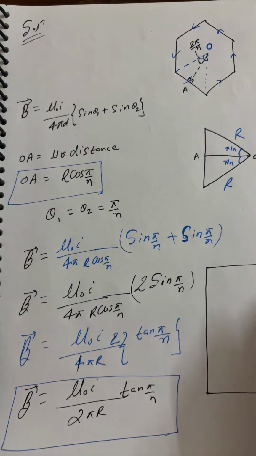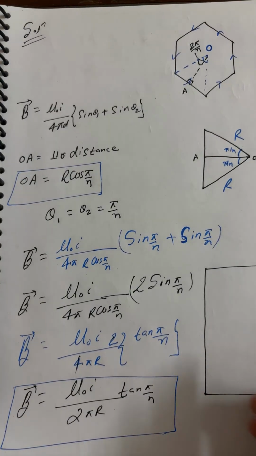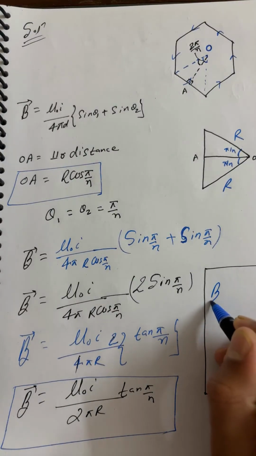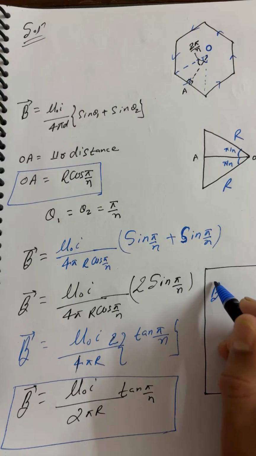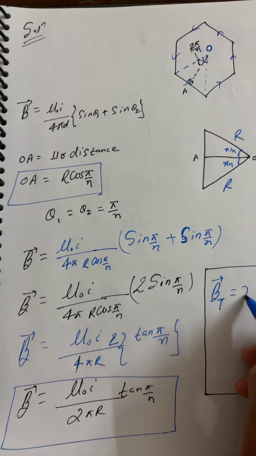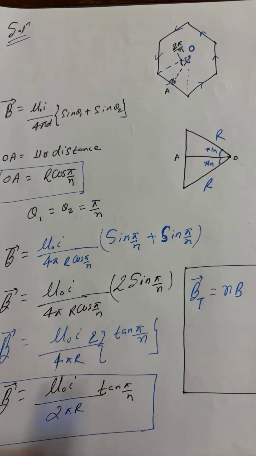Magnetic field due to the n sides of the polygon at point O, the total magnetic field, is n times B.